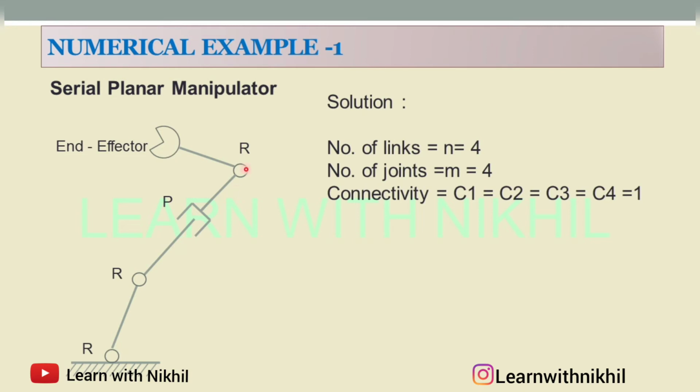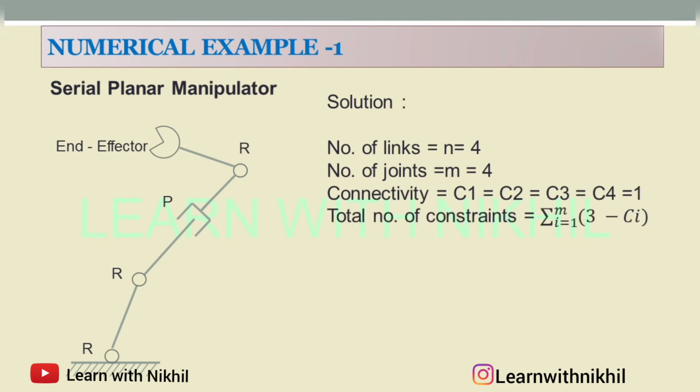For each joint there is a connectivity of just 1. So C1 plus C2 plus C3 plus C4 is 1. Connectivity is denoted by Ci. So for these 4 connectivities, C1, C2, C3 and C4, all the answers are 1. So the connectivity for all these 4 joints is 1.